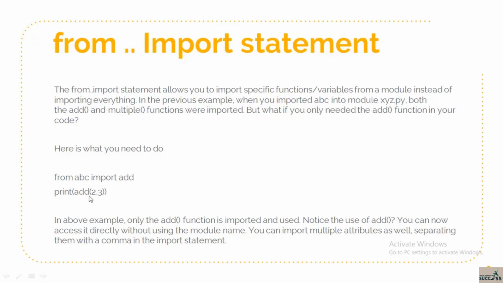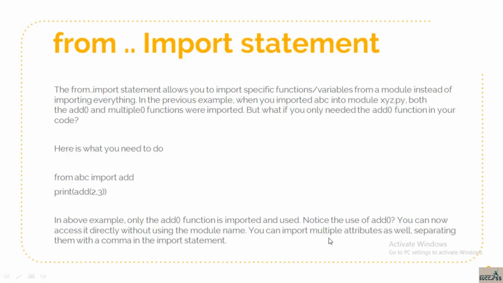Now we can only use the add function in the xyz module. We are calling the add function from the abc module, and it is returning the result, 2 plus 3, which is equal to 5. So in the above example, only the add function is imported and used. Notice the use of add. You can now access it directly without using the module name.